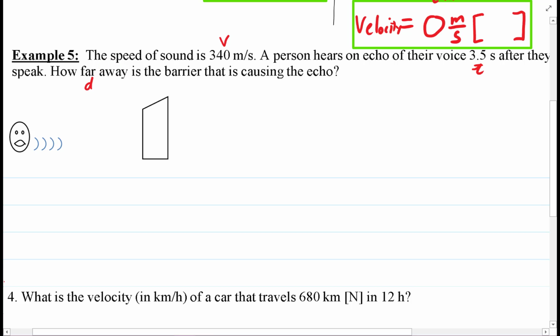So it looks pretty simple. You might want to go v is equal to d over t, and start going that way. And remember, when we speak and we hear an echo, the sound has gone to the wall, hits the wall, and then comes back.